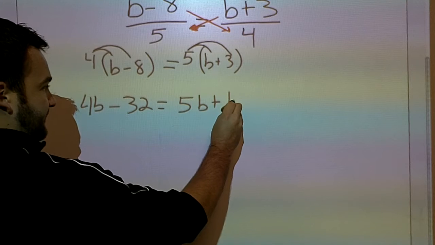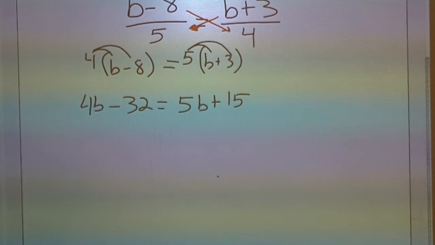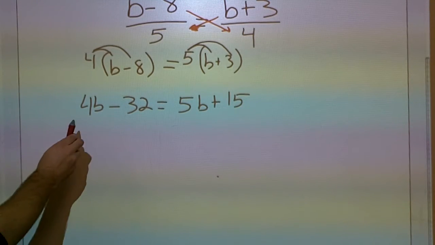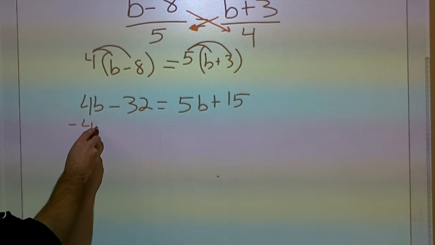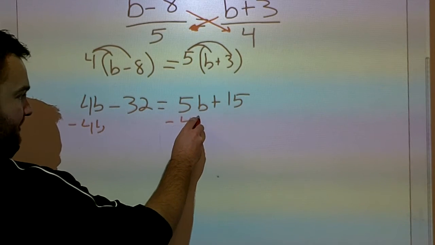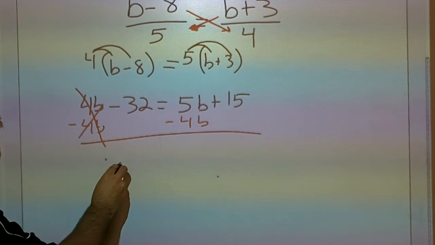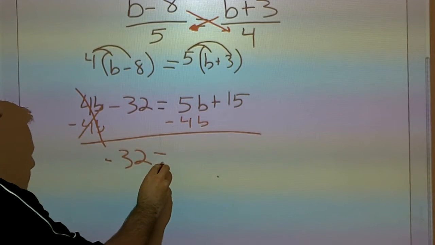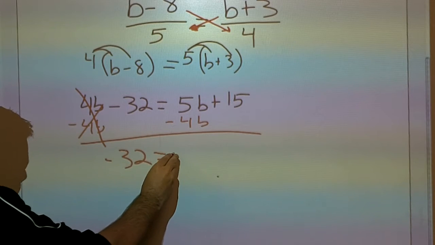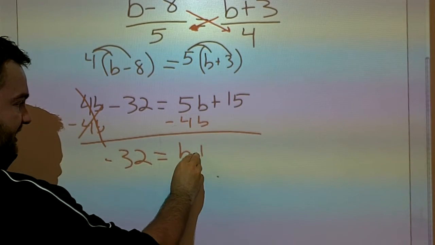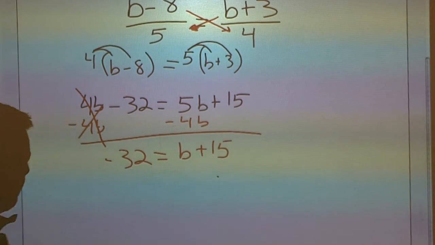5b plus 15. To solve this two-sided equation, we subtract 4b from both sides and rewrite. We've got negative 32 equals 5b minus 4b, which leaves b plus 15. So negative 32 equals b plus 15.